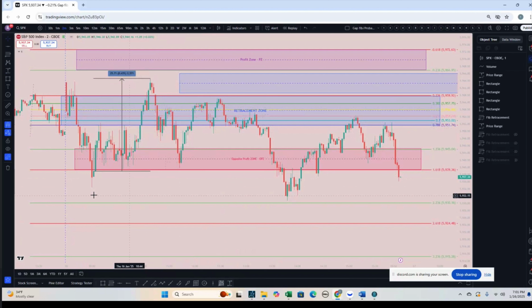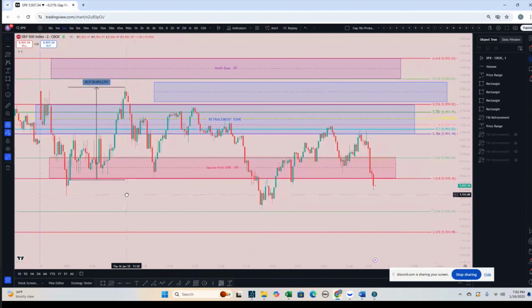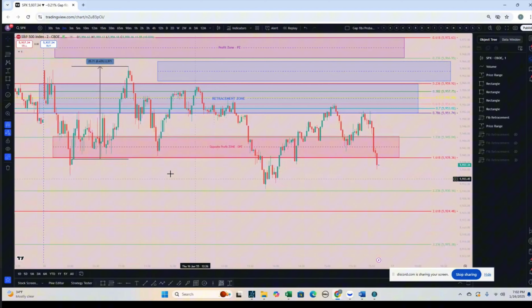I could have picked either down or up. It doesn't matter because they're roughly the same. But if we had a down move and we bounced off of OPZ, that would be a more significant move for me, because you have some type of reference point of support and resistance. Just like if I said the move started from the retracement zone, you have some type of reference point from there. Does that make sense?